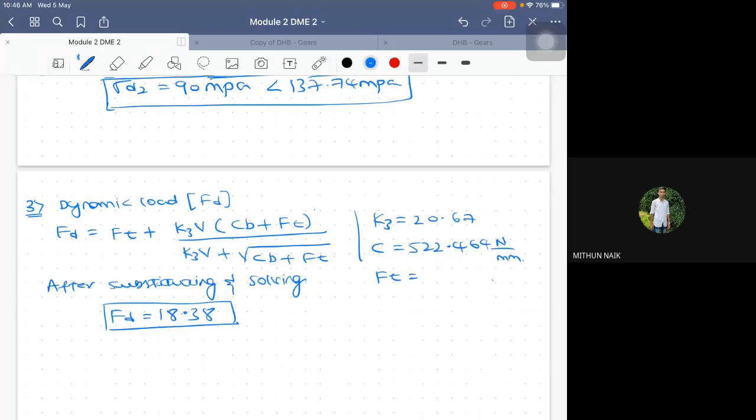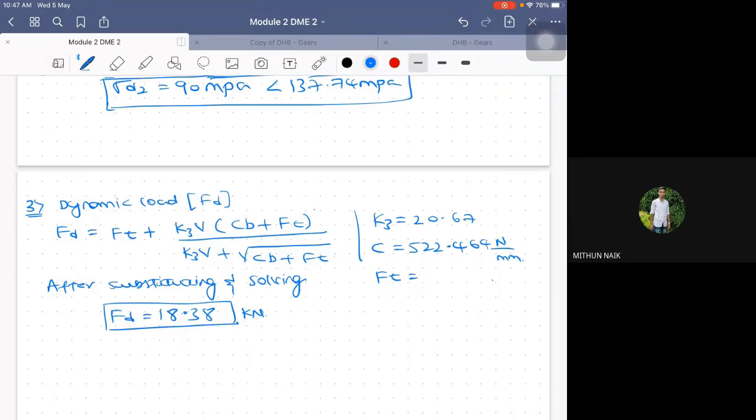kilonewton. Okay. Now, what have we discussed in the last class, guys? Whatever different types of load you calculate, whether it is endurance strength or wear strength, strength in the sense is the same as the load.